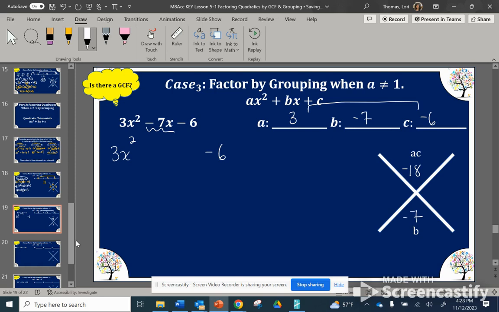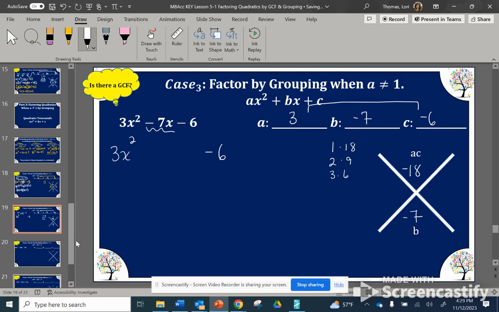Well, that depends on the factors of 18. And again, we're going to be using some negatives and positives because we have a negative product and a negative sum. So the 2 numbers, one's going to need to be negative and one needs to be positive to give you a negative product. We have 2 and 9, and we have a pair of 3 and 6.